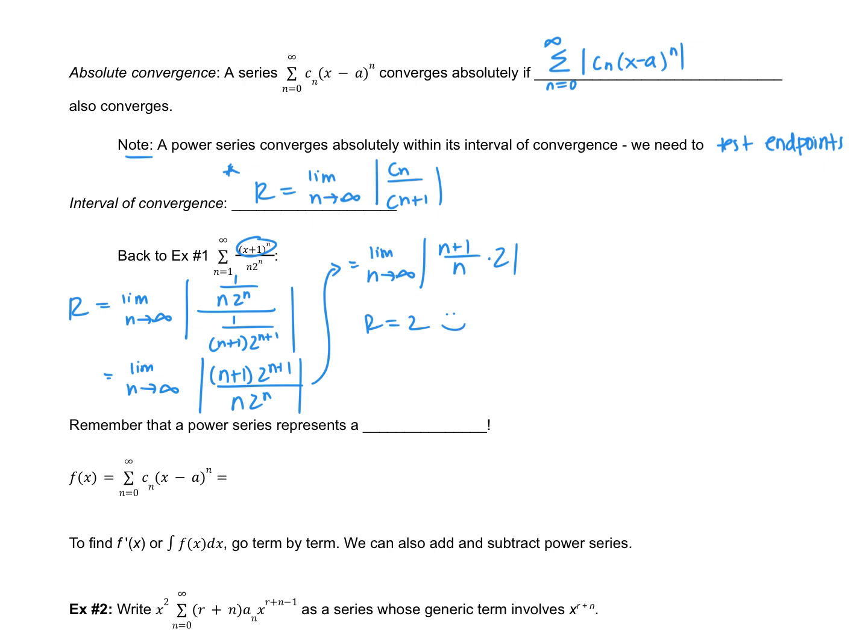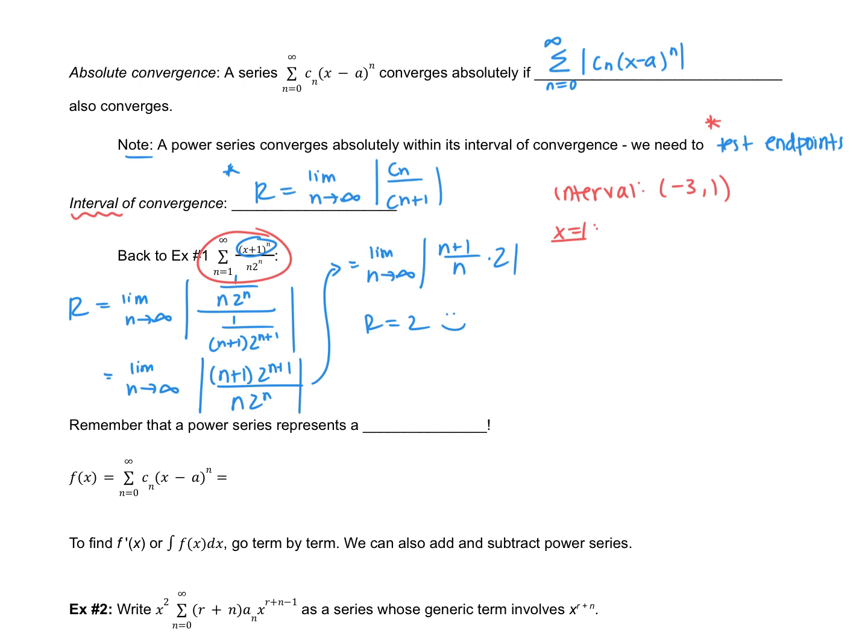What I want to go back to, though, is this interval of convergence. So what we got before is we got our interval to be that -3 to 1. But we need to test the endpoints. And so that's what I want to do, is test the endpoints. So what we're going to do is we're going to go back to this power series, and we're going to start with 1.